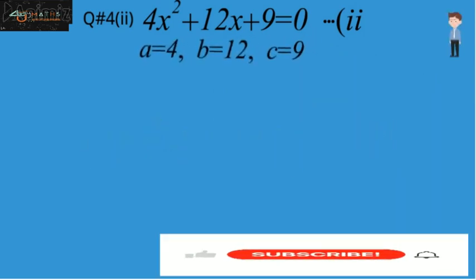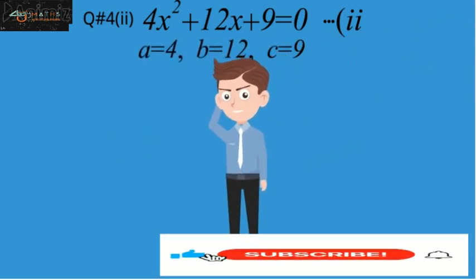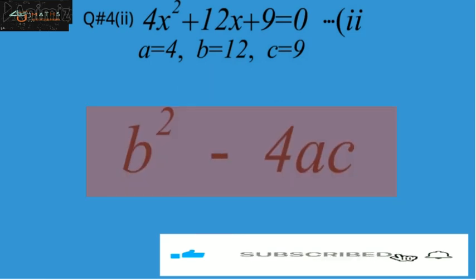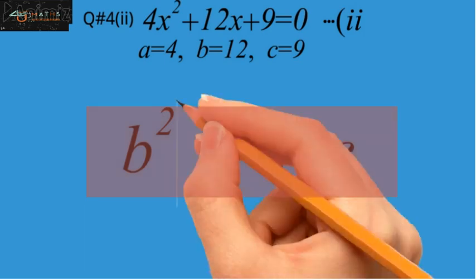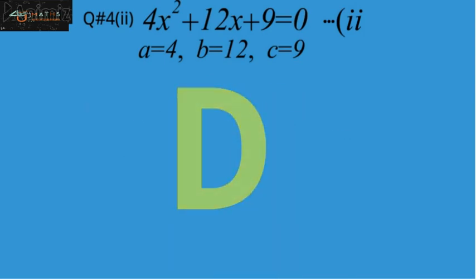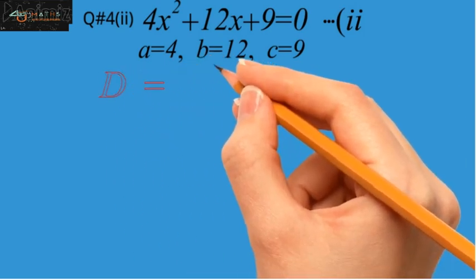Now let us draw a glance at the value of the discriminant. Let us denote this discriminant by the capital letter D. So D is equal to b squared minus 4ac.